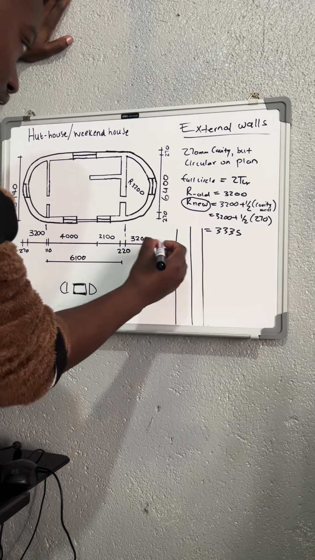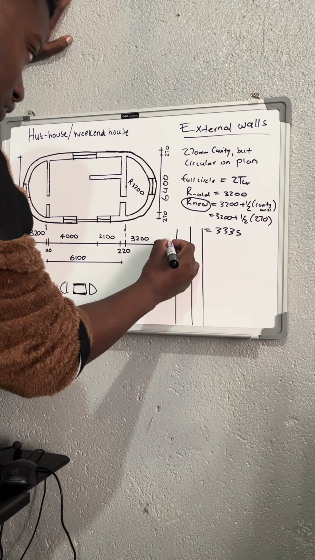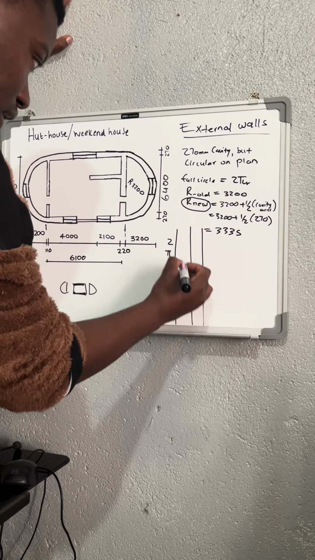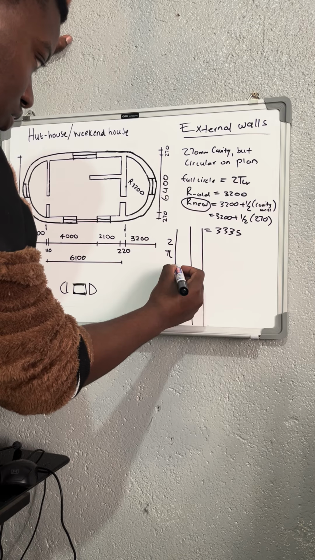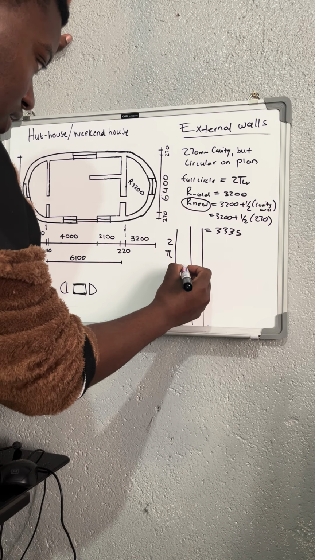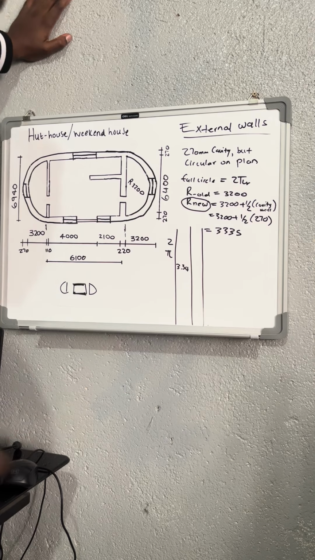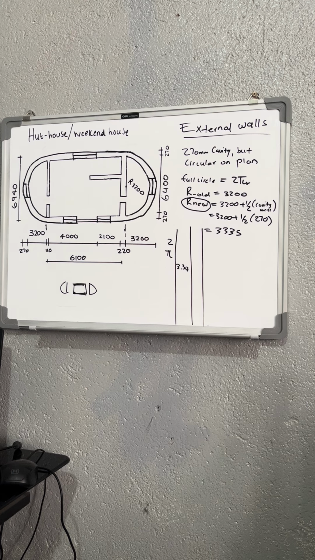Then here you can just write, you have your 2 pi, your radius, I'm just going to round it off as 3.34. So you are done with the calculations. That's how it is.